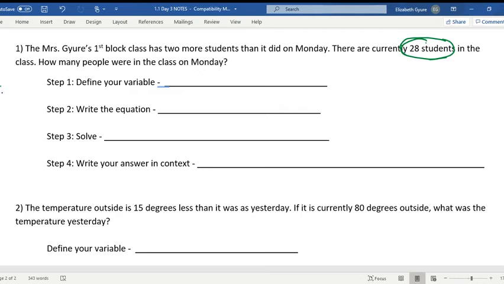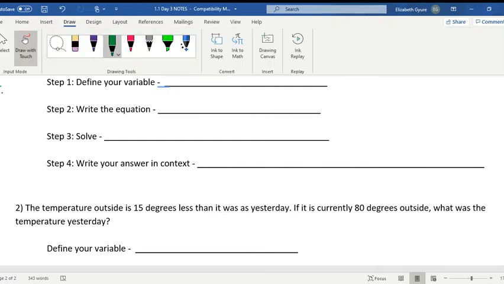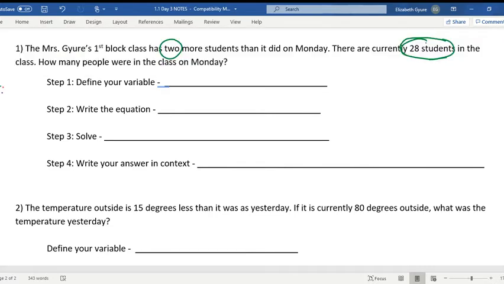There'll be a few different moving parts. What else is important? Alex? Yeah. In this case, there's 2 more students, and I think that's it number-wise, right? Does it matter that it's first block? No, it doesn't matter. Okay, so we circled our numbers and their units. We're going to now box our math action words. Where do we see some math action words? Lynn? More. More means what?